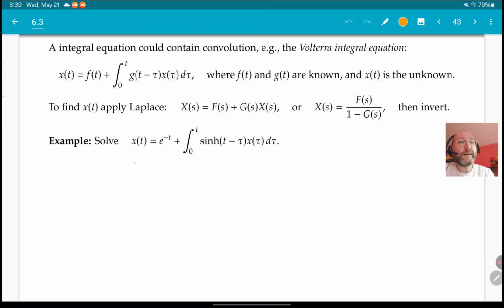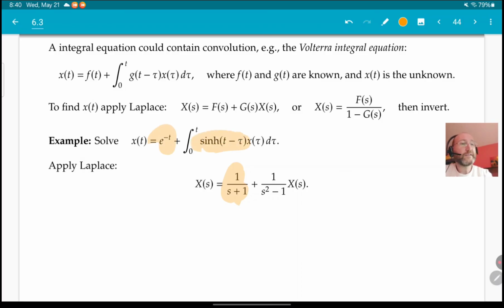So for example, suppose that we have this. Little f was e to the t, g was the hyperbolic sine, and we're trying to solve for x. So we apply Laplace, and we get 1 over s plus 1 for the e to the minus t.